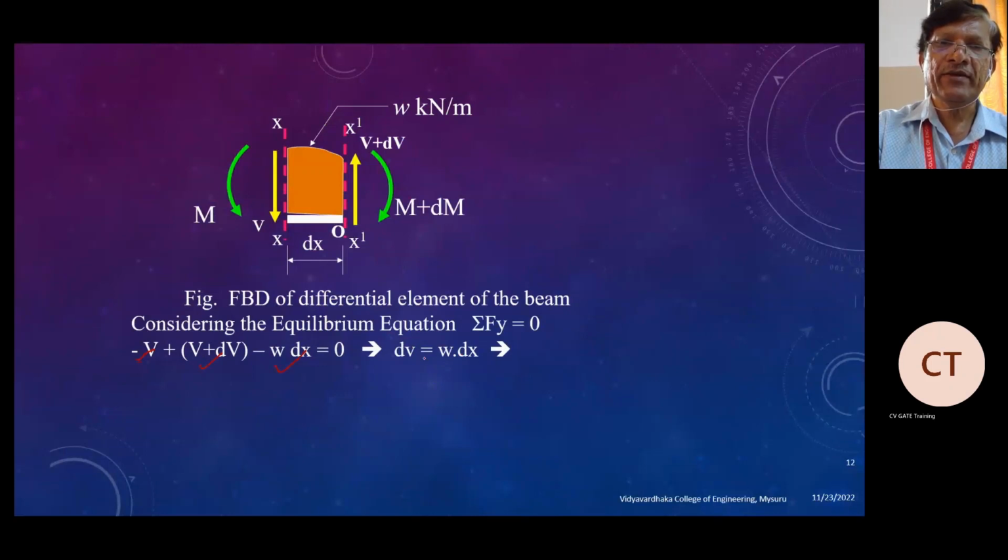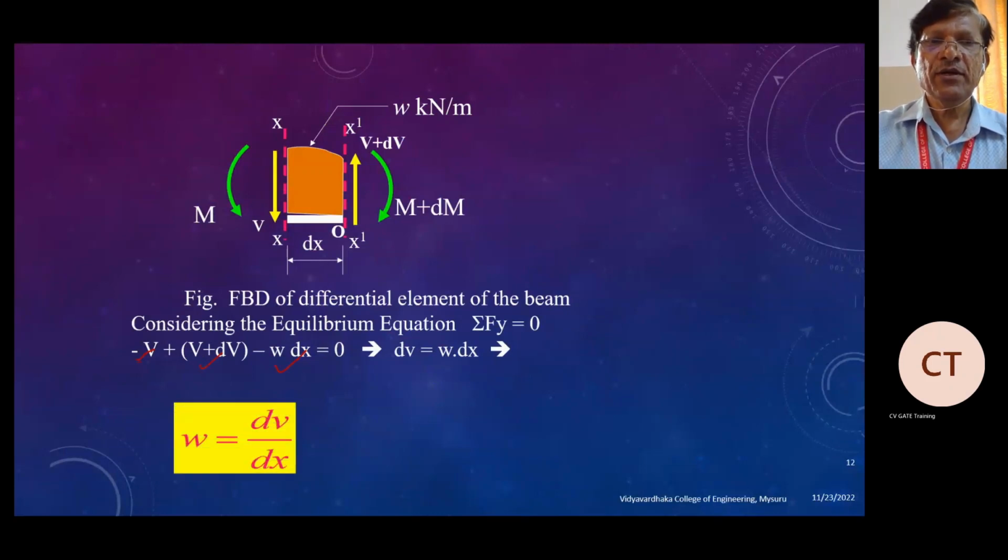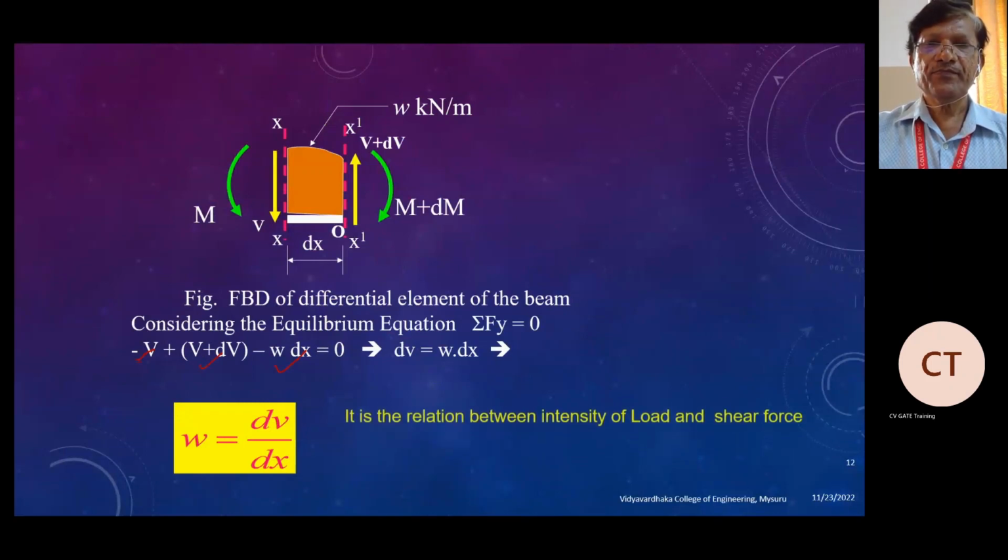So we get dV is equal to w into dx. That is, the load is equal to the differentiation of shear force with respect to x. So this is the relation between the intensity of load and the shear force.